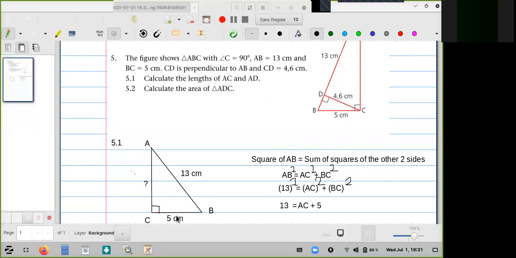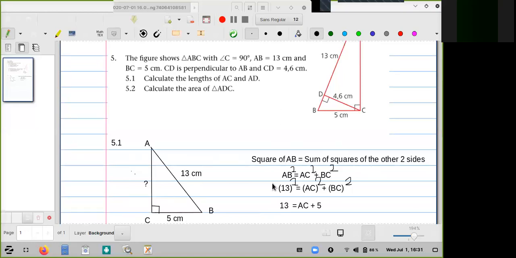Now, what does Pythagoras theorem say about the right angle triangle and sides? Pythagoras theorem says the square of AB is equal to the sum of squares of the other two sides. What are these two other sides?